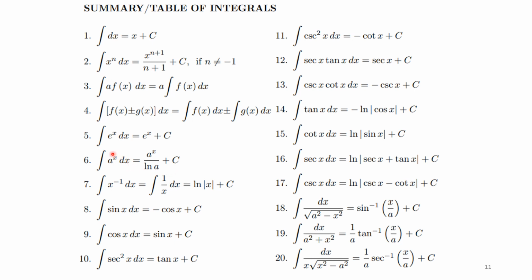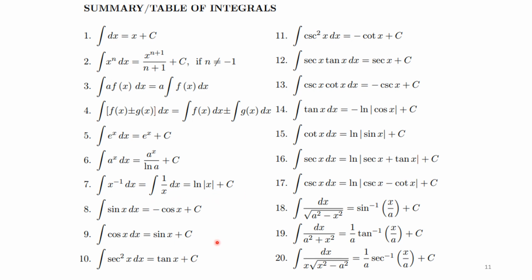Note that if the exponent is a function of x, then you will have a to the u du equals a to the u all over ln of a, plus c. The integral of x to the negative 1 dx is equal to 1 over x dx, which is ln of x plus c. Similarly, if this is u to the negative 1 du, then the integral of 1 over u du is equal to ln of the absolute value of u plus c.